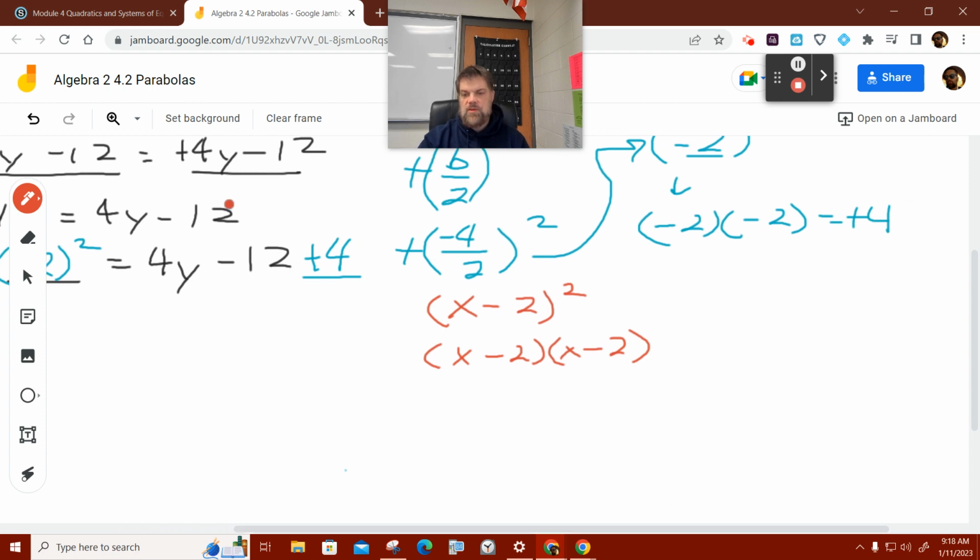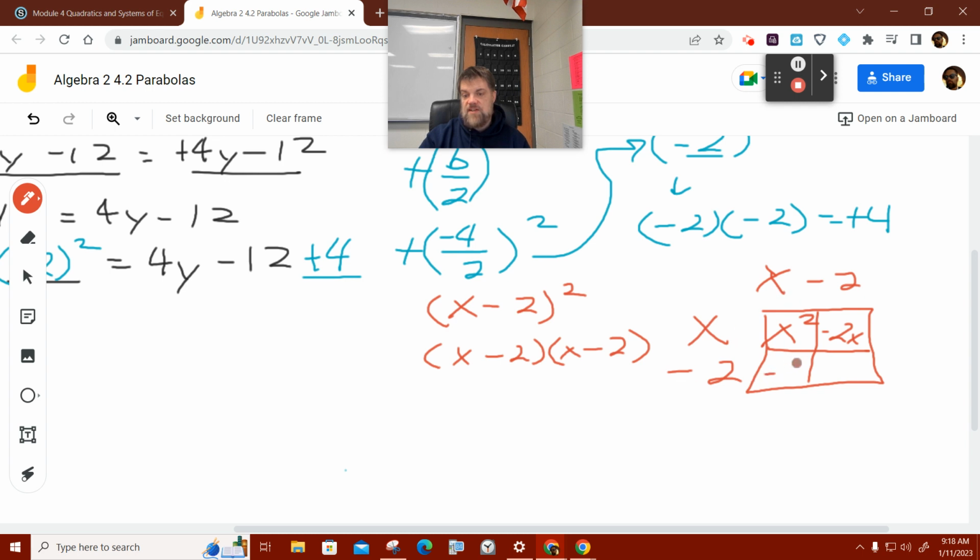And I'm going to move over here a little bit. When I square something, if I say x minus 2 times the quantity x minus 2, then this becomes x squared. Negative 2 times x is negative 2x. Negative 2 times x is negative 2x. What's negative 2 times negative 2? Negative 2 times negative 2 is a positive 4. If I combine like terms, this is equal to x squared minus 4x plus 4.